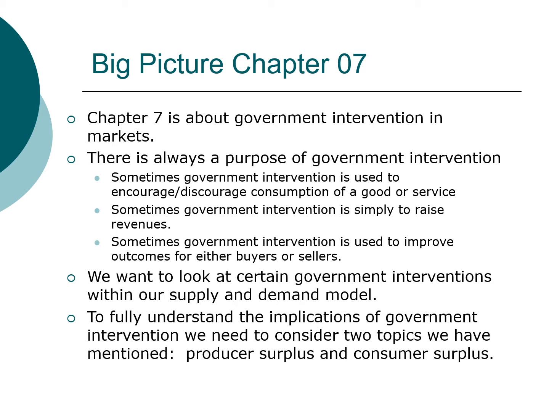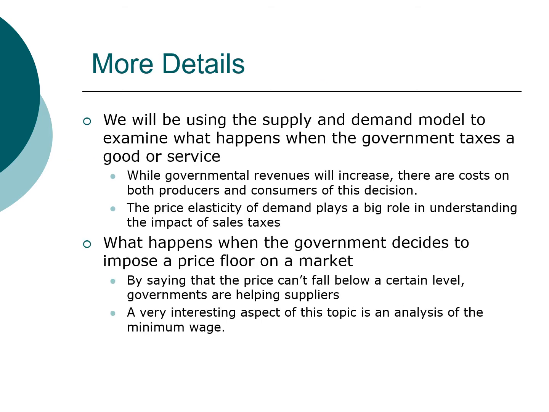Within that framework, however, there are implications for the government intervention in markets. To examine those implications, we have to revisit some of our old friends, producer and consumer surplus, and we will take that approach.